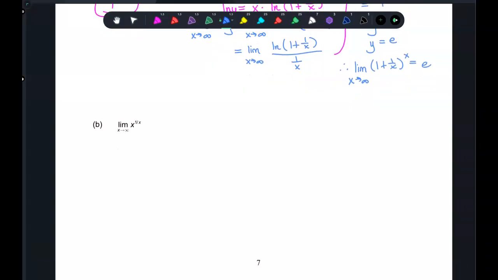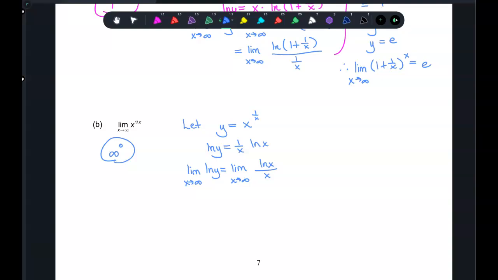Oh, this one's actually easier. And this one's easy.